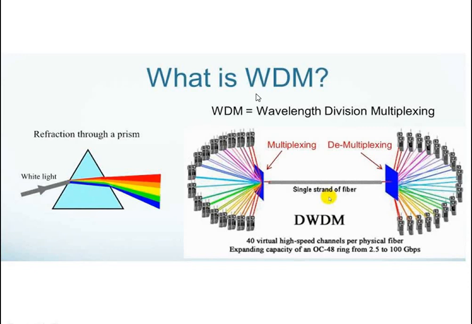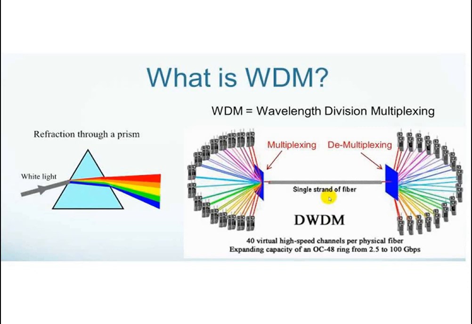So here, WDM uses this same idea. Traditionally, only one colored light was used on a single strand of fiber to carry the information, such as 1550 nanometer light.